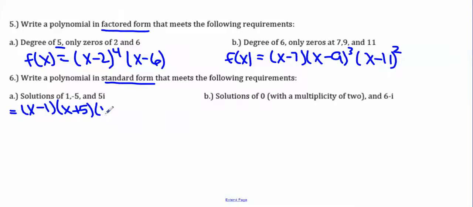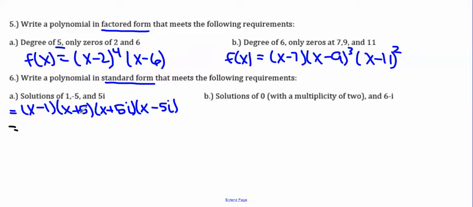Remember, you have to use the conjugate. So I have 5i, and the conjugate of 5i is negative 5i, giving the factors x plus 5i and x minus 5i. And I talked about that on page number 1. If you watch page number 1, the reason why we do that is because we want those middle terms to cancel so that we are left with a real polynomial.